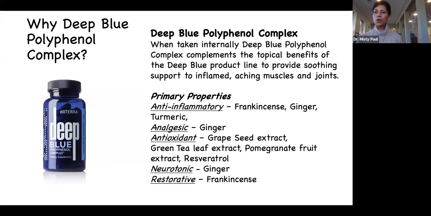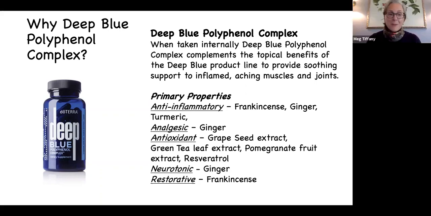We've all heard great things about the antioxidants, and when we go into the grocery store, we're supposed to get fruits and vegetables of all different colors because those are the antioxidants. But please remember, they're so powerful when it comes to pain relief too, because they're helping to decrease inflammation. So really packs a punch. It does. I'm a big fan of this product. I think it's a wonderful product.